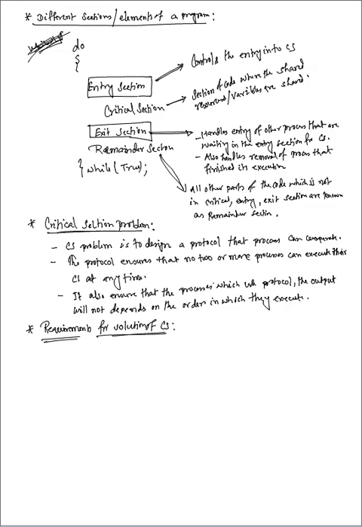The same mutual exclusion can also be used in deadlocks. Whenever we study deadlock, there is one condition for deadlock, that is mutual exclusion. In that chapter we talk about mutual exclusion in terms of resources.